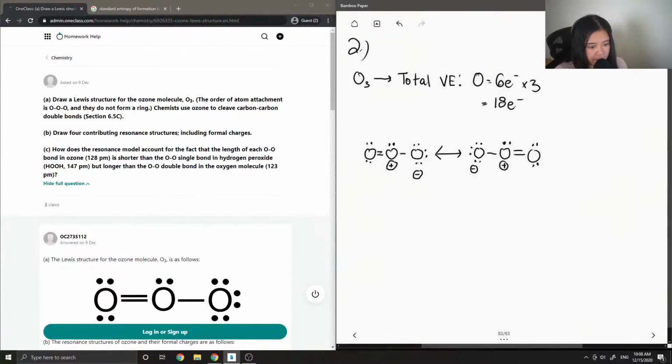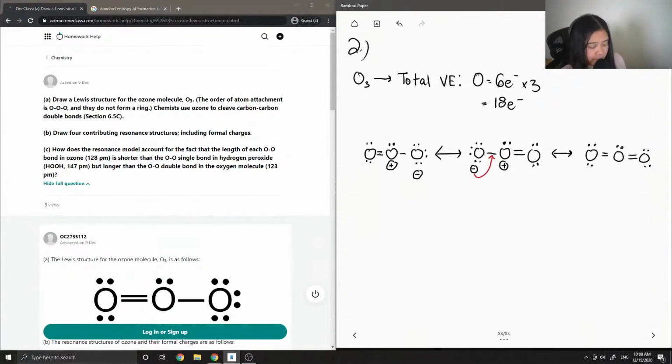So I can show another resonance structure. If I bring this negative charge down, to get 2 double bonds and all of the oxygens being neutral.